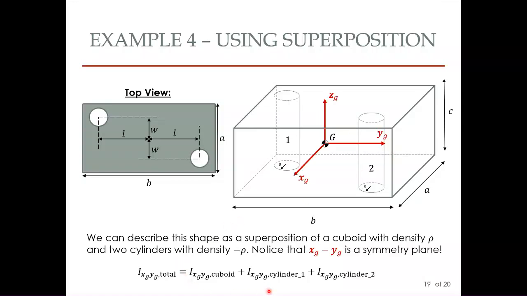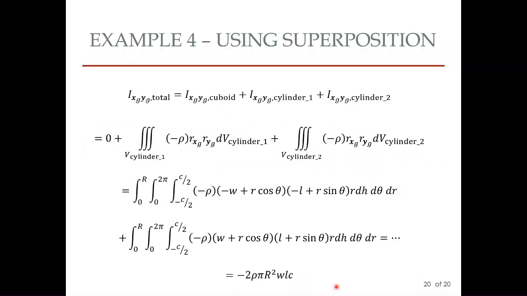So this thing here is the superposition idea that we've discussed, and here is each of the cylinders, and this 0 comes from the cuboid itself. If you take the cuboid as a whole, we already saw that for it the inertia products are 0, in particular the xy inertia product. So we just need to correctly use the shifted cylindrical coordinates.